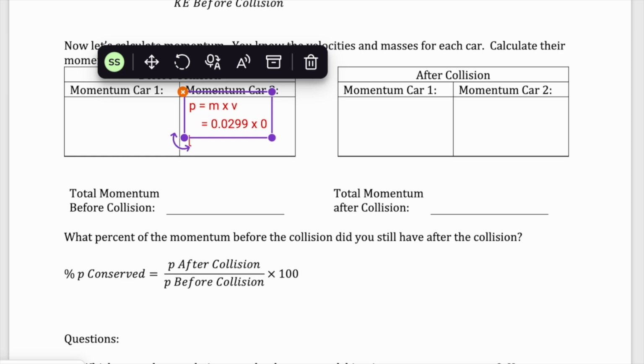And the good thing about that is that it's easy to calculate, and we can say that that was equal to 0, and the units for that were kilograms meters per second for the momentum.